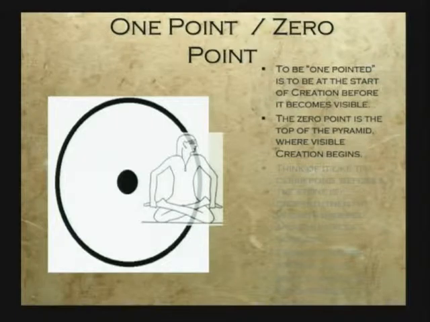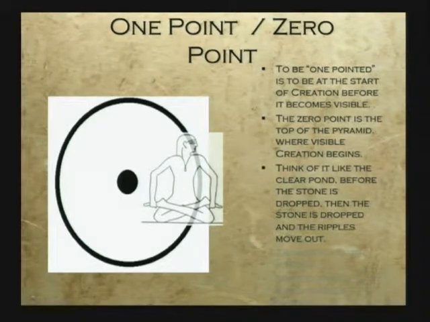So, to be one-pointed is to be at the start of creation before it becomes visible. And the 0 point is the top of the pyramid where visible creation begins. So think of it like the clear pond before the stone is dropped. Then the stone's dropped and the ripples move out.